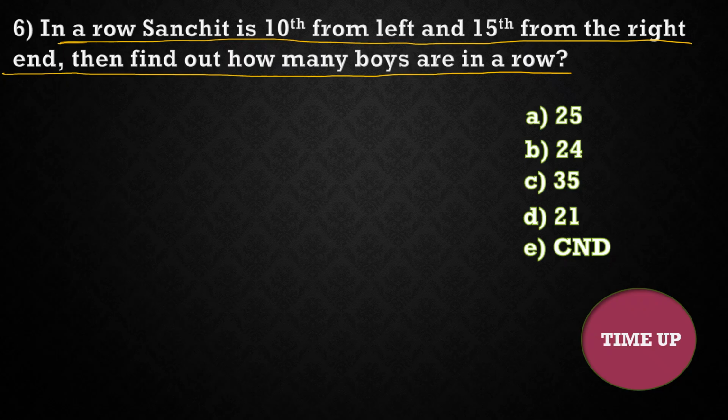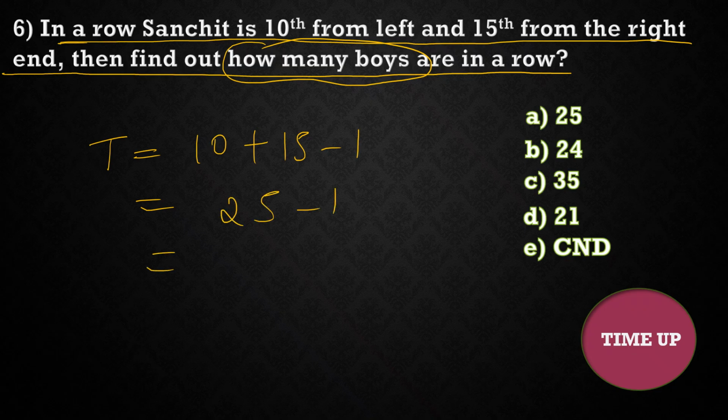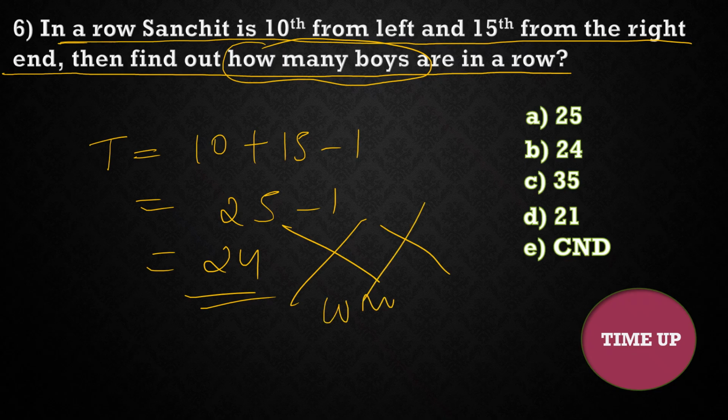They have asked how many boys are there in a row. Usually you will say total equals 10 plus 15 minus 1. You will say 25 minus 1 and 24 is the answer. No, absolutely wrong if you do this. That's why I told you to read the question.